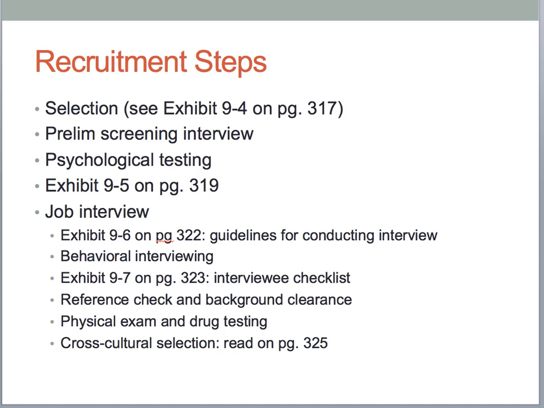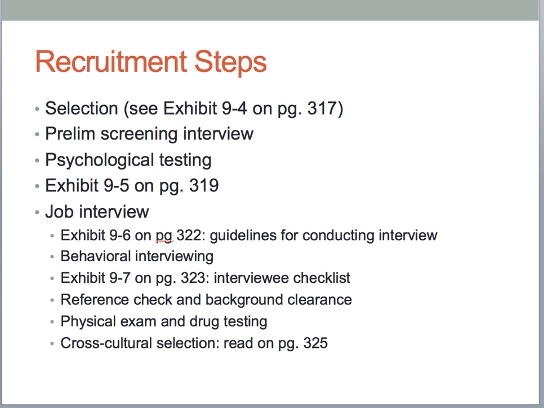So one person would interview 3 or more candidates. And then we also flipped it, where we had one person being interviewed by 3 or more interviewers.